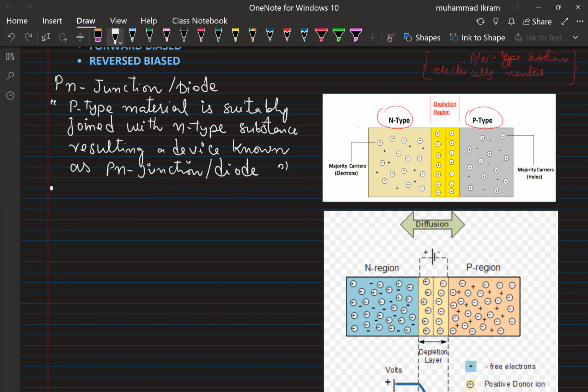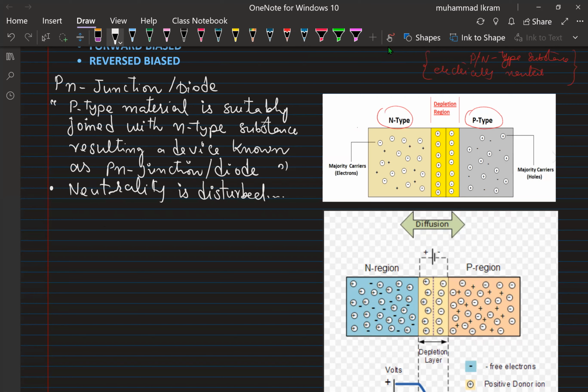So what happens here in the PN junction diode is that we actually disturb the electrical neutrality. They no more remain neutral, right?